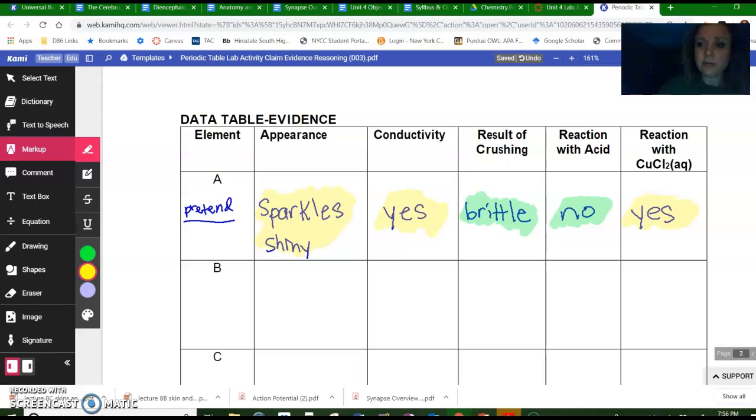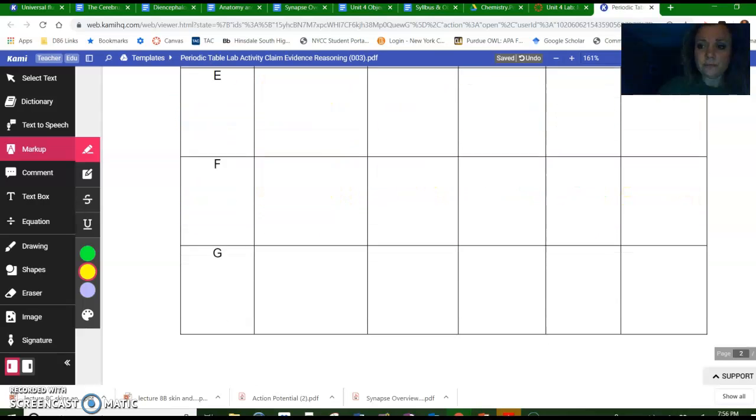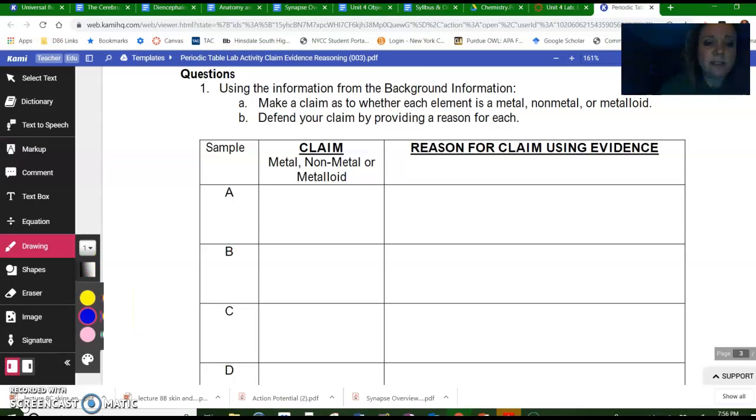Well, I'm going to scroll down to our final page, where I need to make the claim. So sample A had both yellow highlights and green highlights in it. So I'm going to say that it is a metalloid.